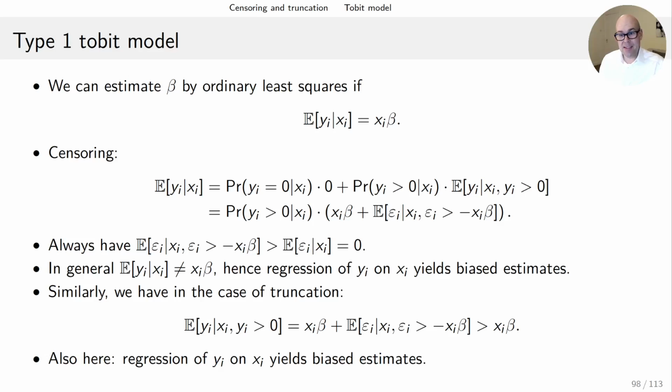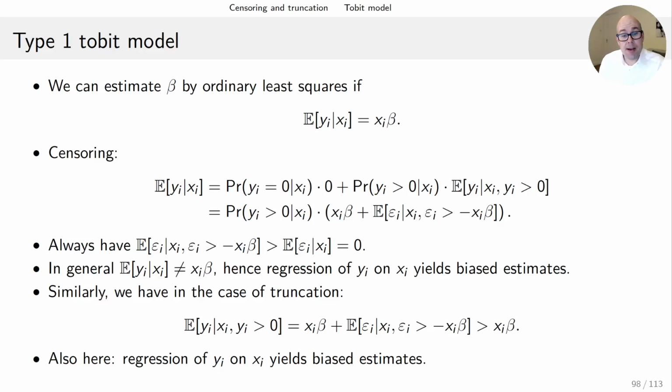What you can see from this slide is that when you plot the data, and say we have censoring from below at 0, and basically all your observations are pretty much away from 0, then this probability is probably very small, and for that reason you should probably not be too worried.